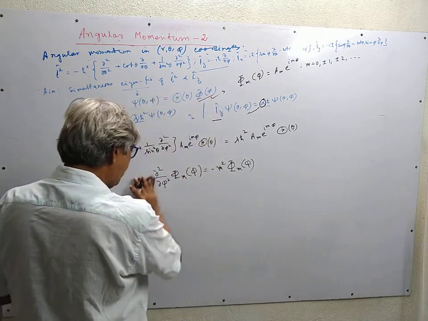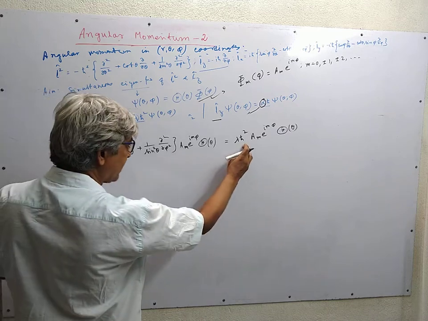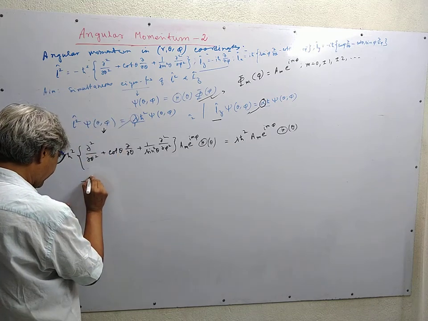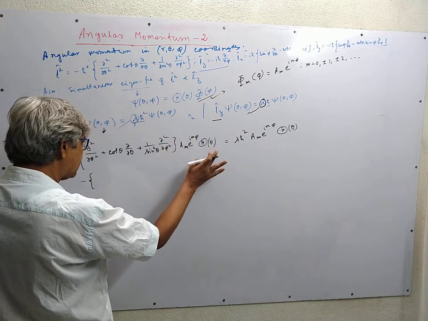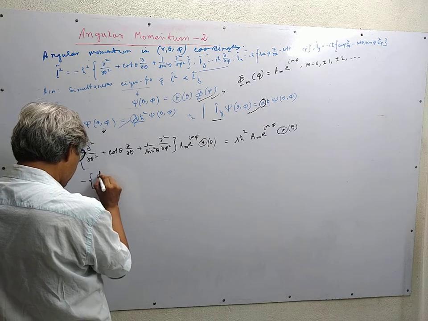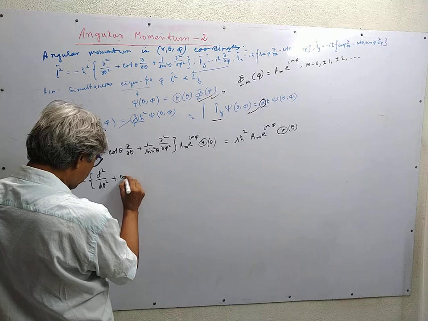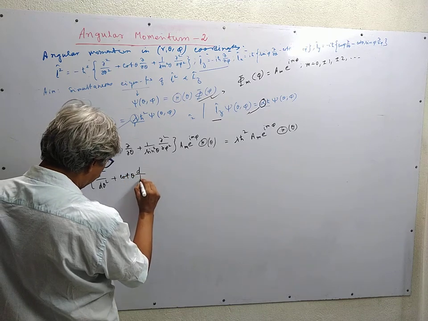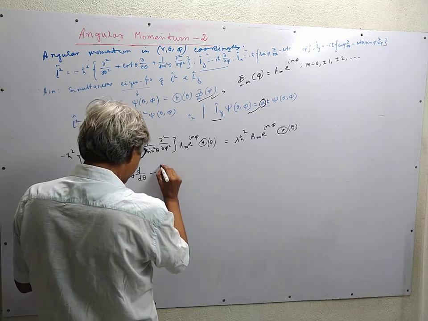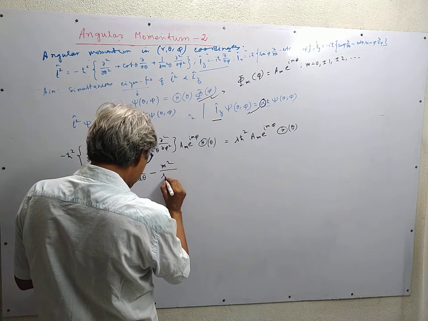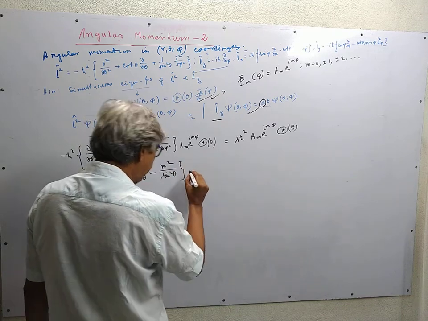So we are led to, and then h bar square cancels out, so we have minus. The resulting equation has only theta dependence, so we write del 2 del theta 2 plus cot theta d by d theta, and this brings in m square upon sine square theta, acting on theta.